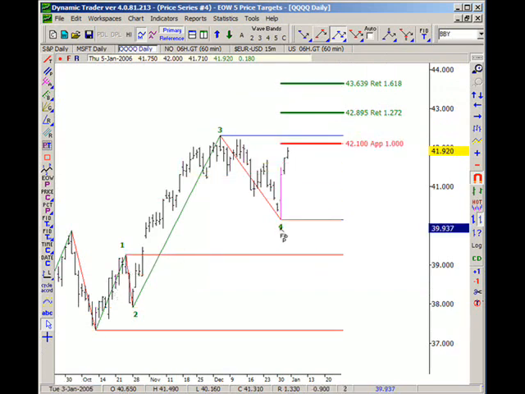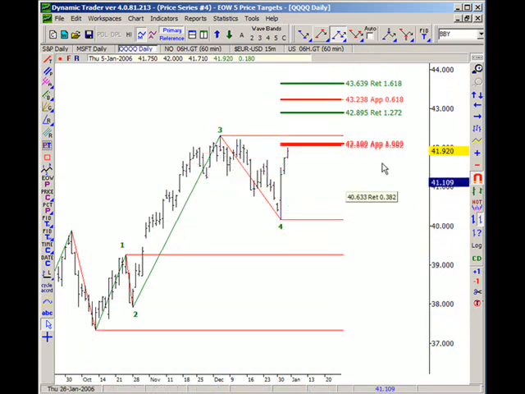And that's actually below the wave 3 high, so it's not even going to count. And then the 38 and 62% alternate price projections of the range of waves 1 through 3 projected from 4. And the 38% is also below the potential wave 3 high. So I'll just get rid of those. So I'll clean the chart up.